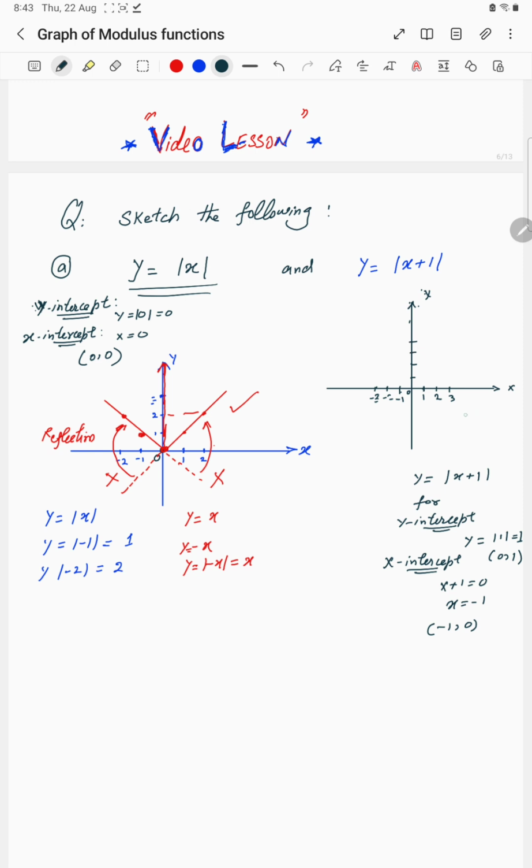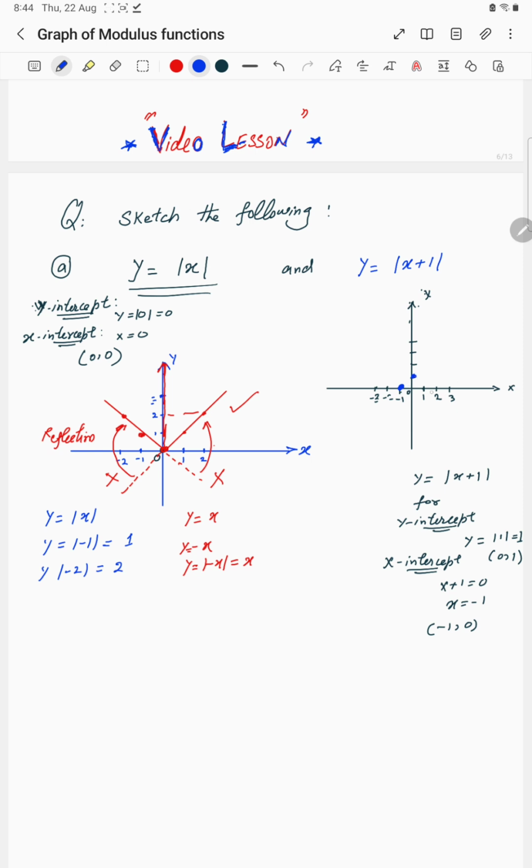We'll not go below this one. Here you can see the x-intercept (-1, 0) is the turning point and the reflection point. The y-intercept is (0, 1).